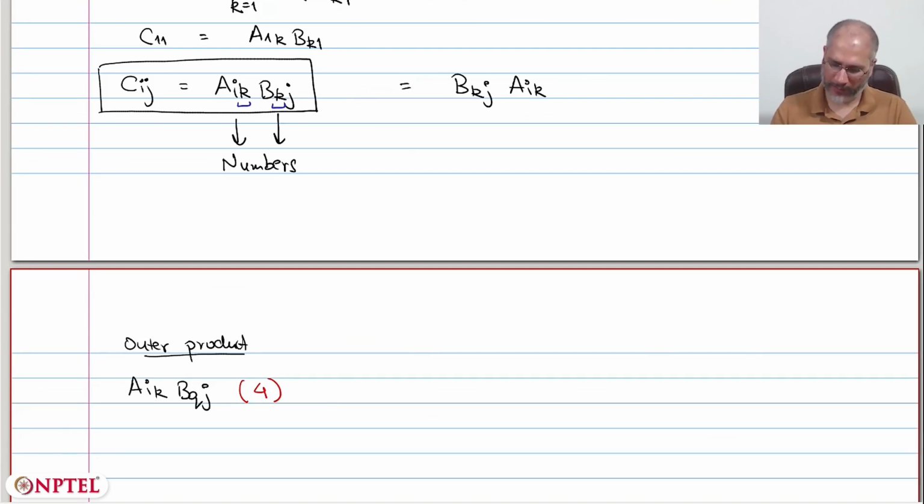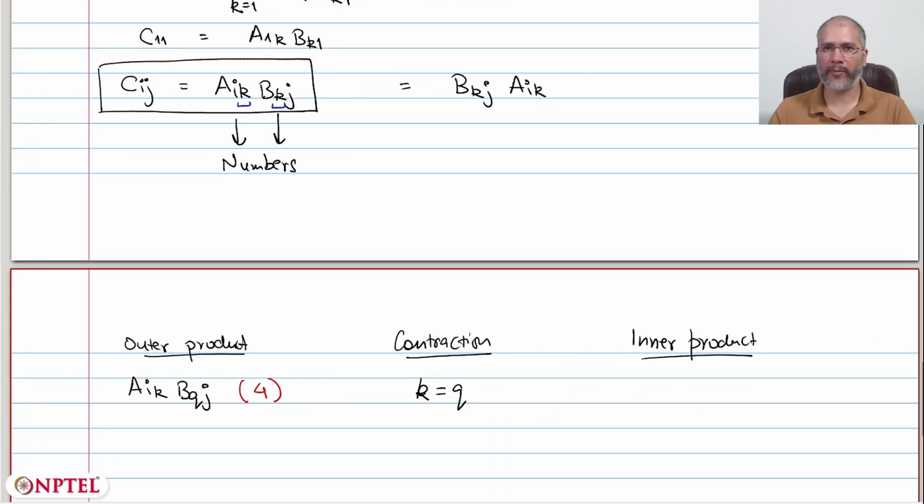Now if I apply a contraction on this by making k equal to q, then we get an inner product, because inner products are obtained from outer products by applying contractions. So this inner product is Aik Bkj, which we can see has 2 free indices because k is a repeated index now, and the order is 2.